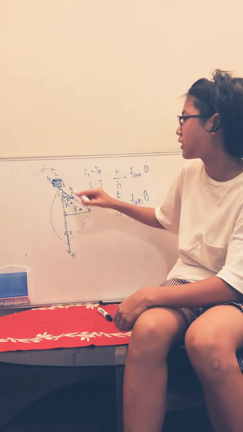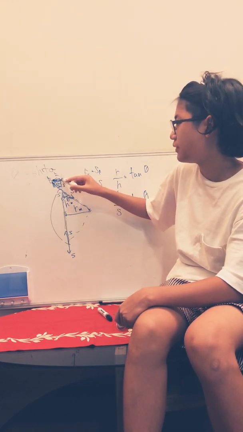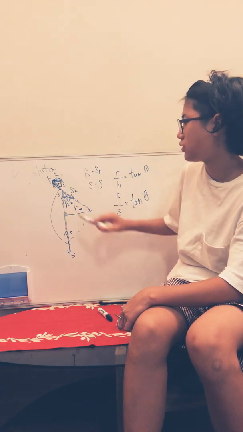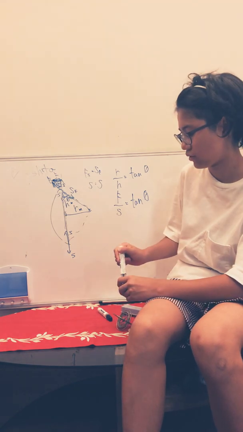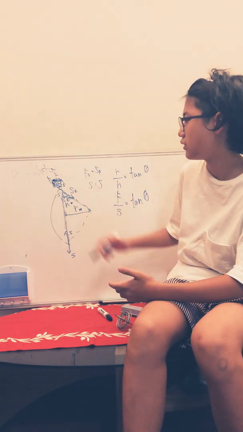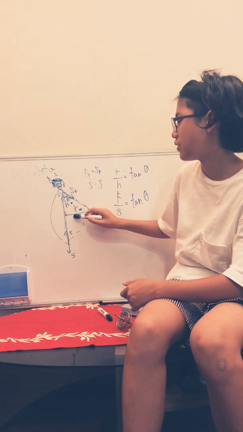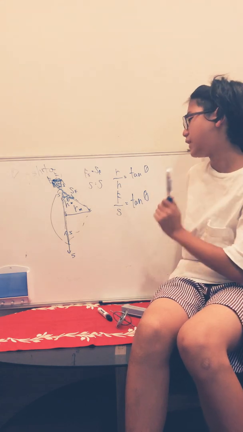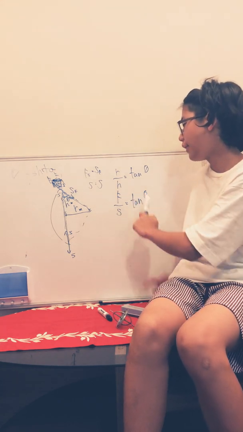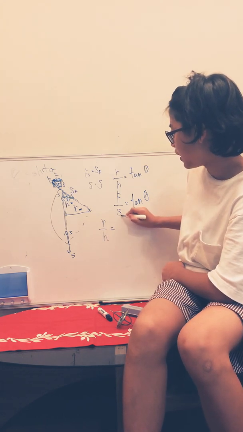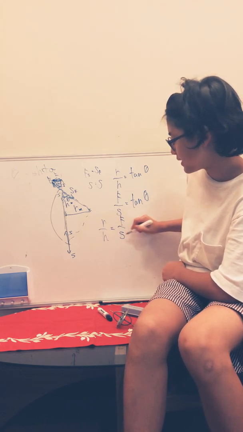I'm dividing this length by this length and this length by that length. So I proved that R divided by H equals F divided by S.